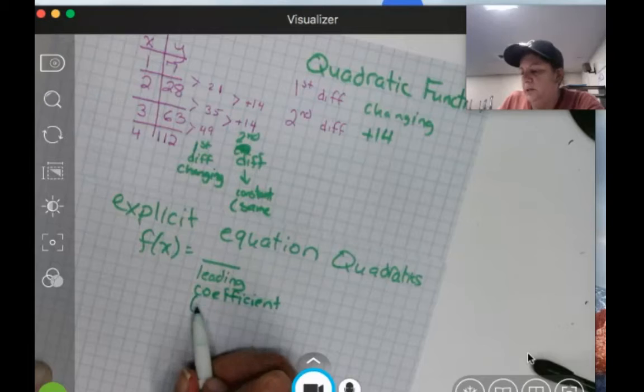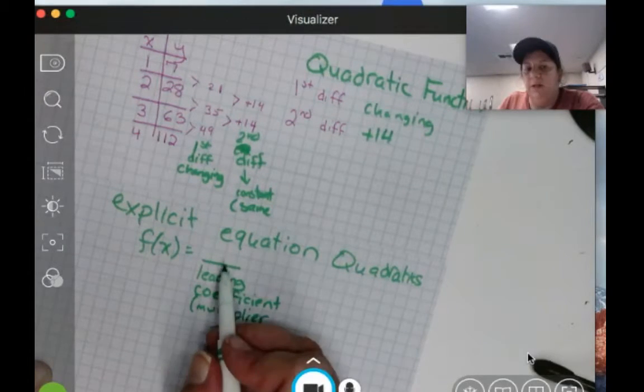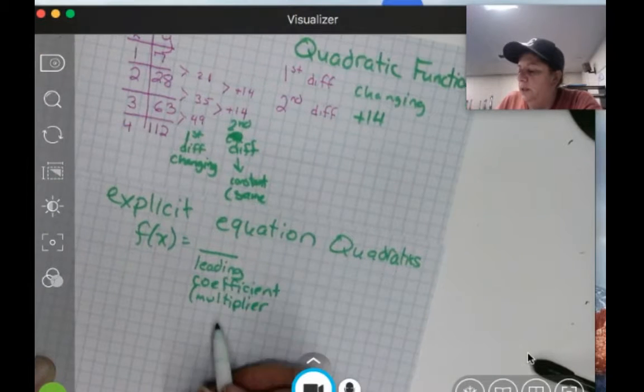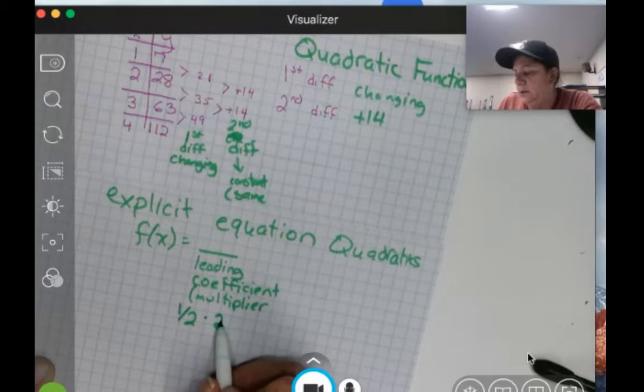I also sometimes call it a multiplier. The number that's going to come first, that's going to multiply, is always 1/2 of your second difference.